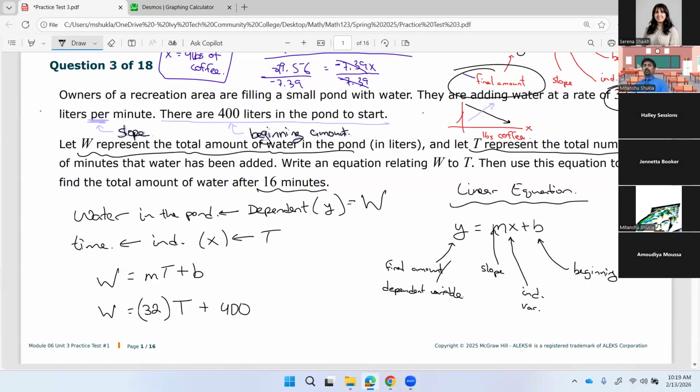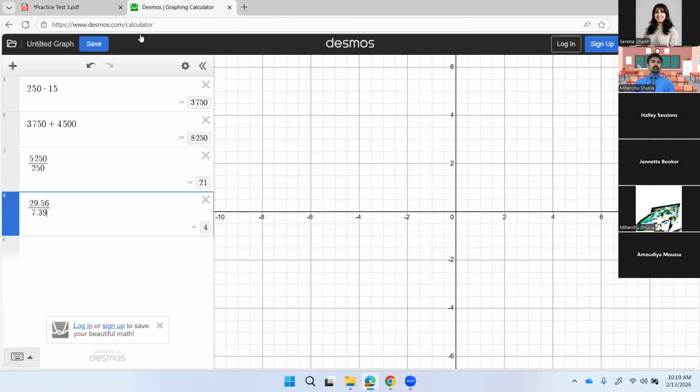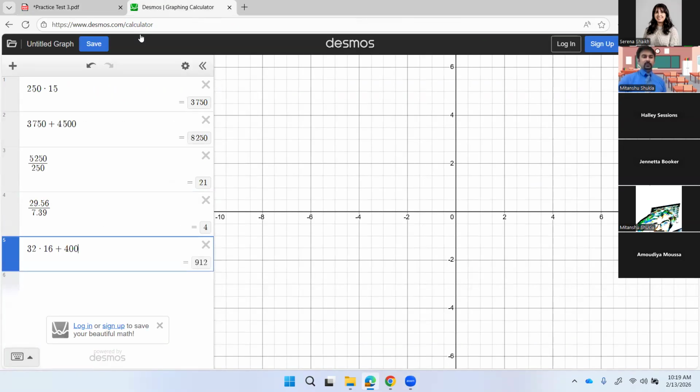Well, they're telling me to take 16 minutes, figure out what the W, or the water, is in the pond after 16 minutes. So I'm going to take that 16 minutes and plug it in for t for time. W is equal to 32 times 16 plus 400. So let's do that. 32 times 16 plus 400 and get 912.